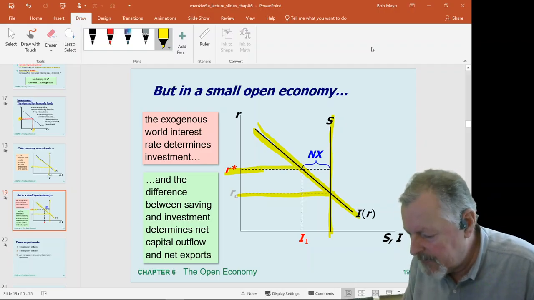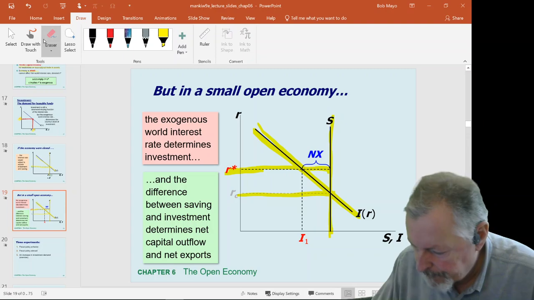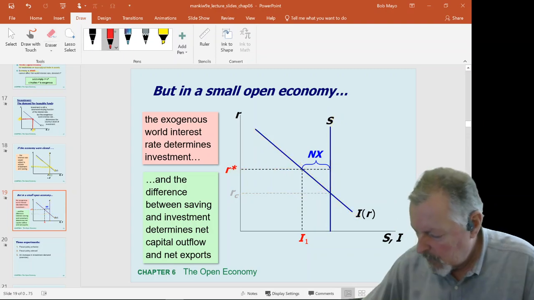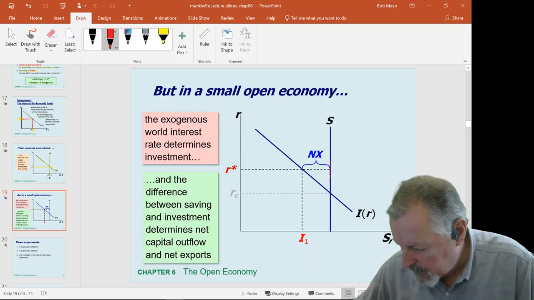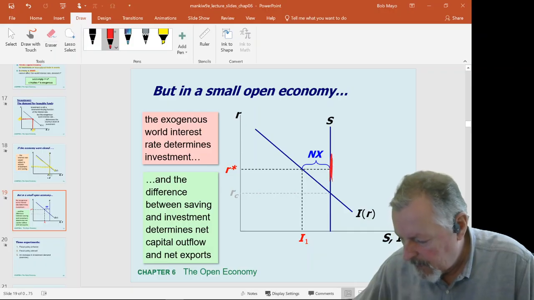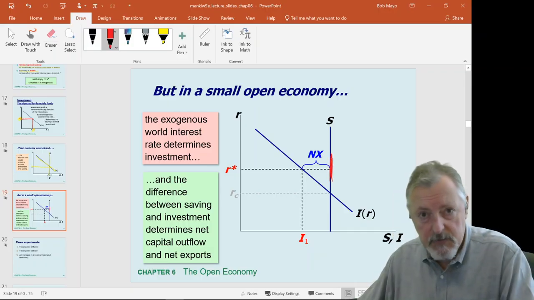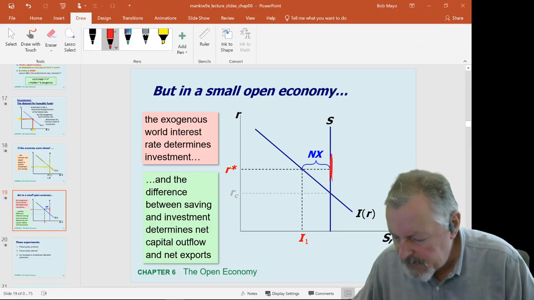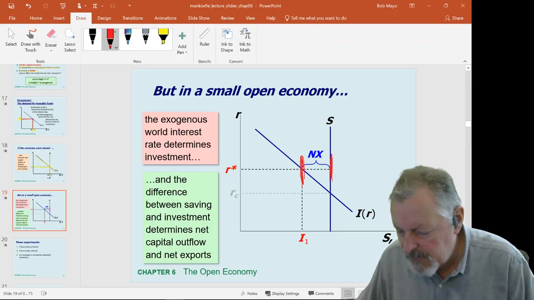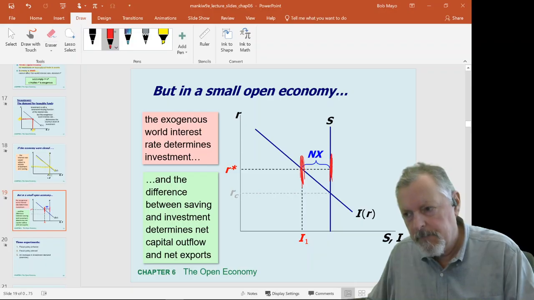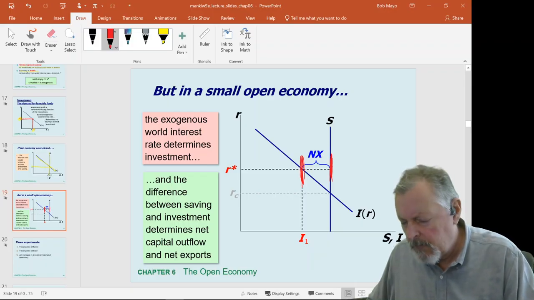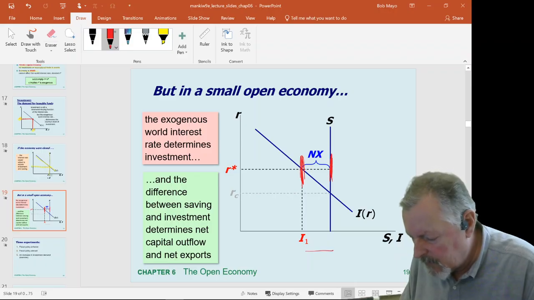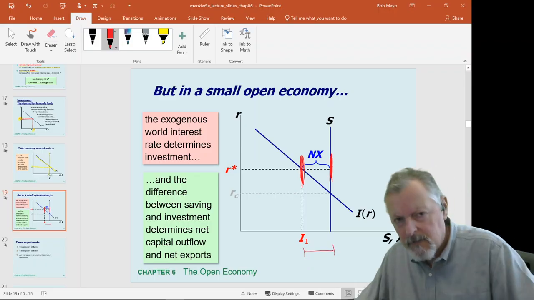But if the price is here, that means we're supplying this much savings, but because the price is high, we're only demanding this much investment. So we're saving more than we're investing by this quantity.